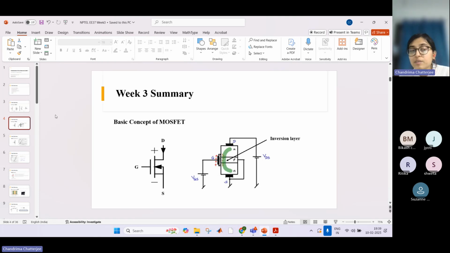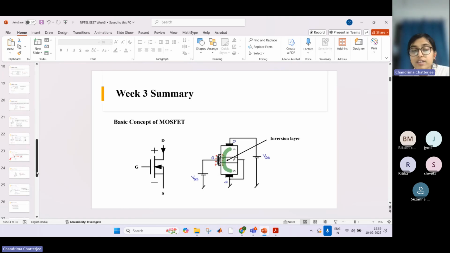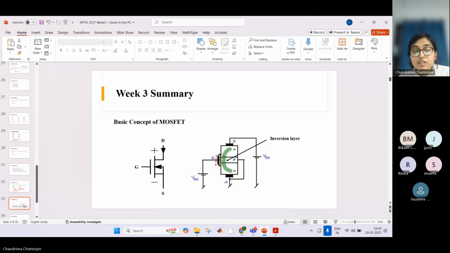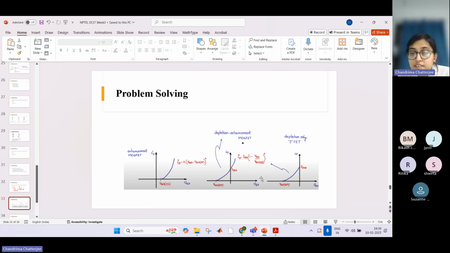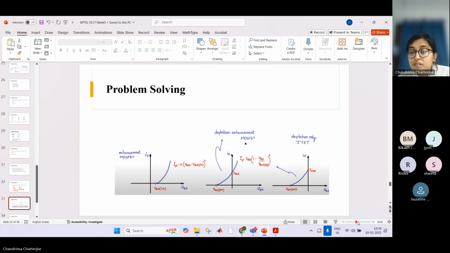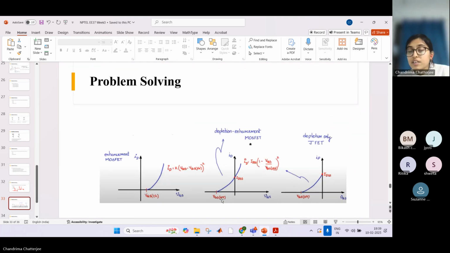The depletion type MOSFET is opposite to that. So if you see these characteristics here, if you see this characteristic starts here when the gate to source voltage is negative, right?